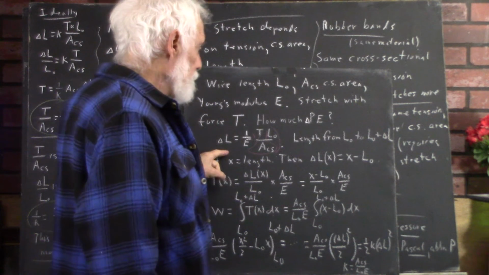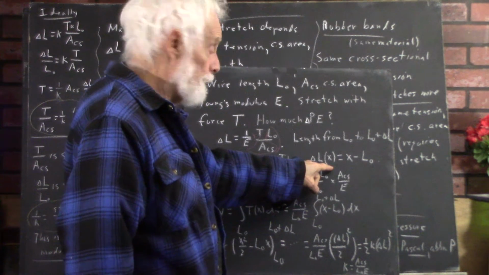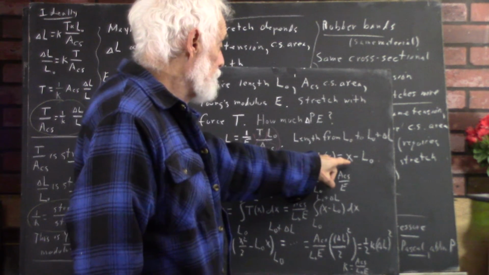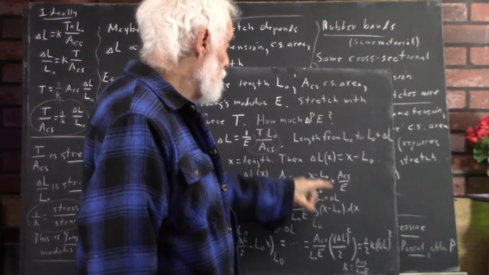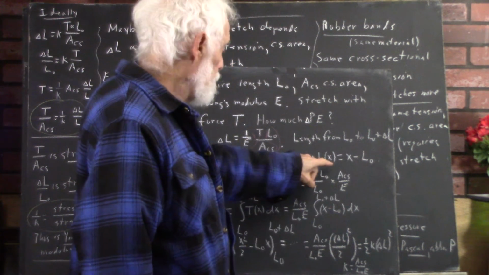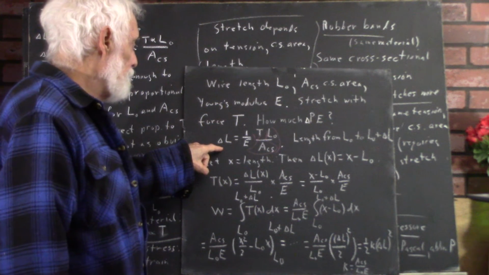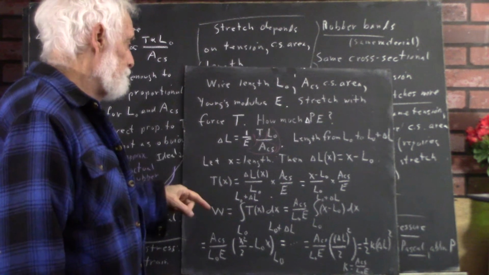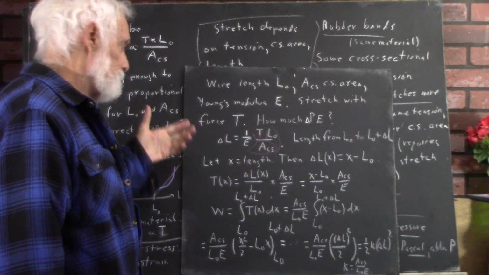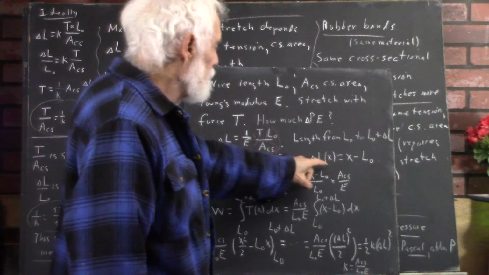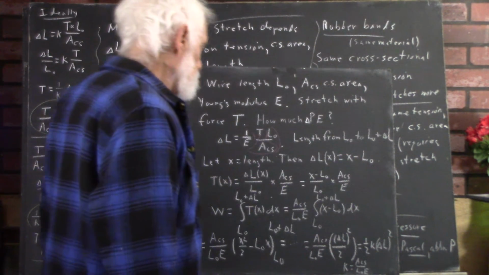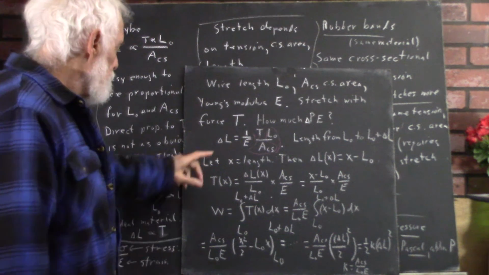Then delta L can be written as a function of X as just X minus L naught, where delta L of X now is not your total delta L. That would be delta L of, well, okay, I'm just going to write delta L of X is X minus L naught.